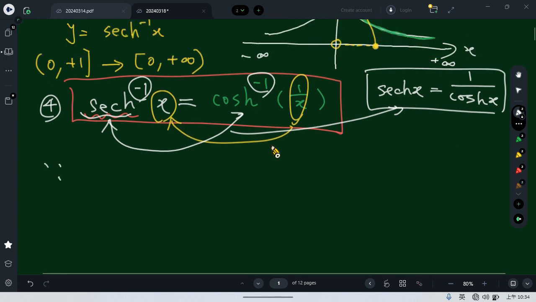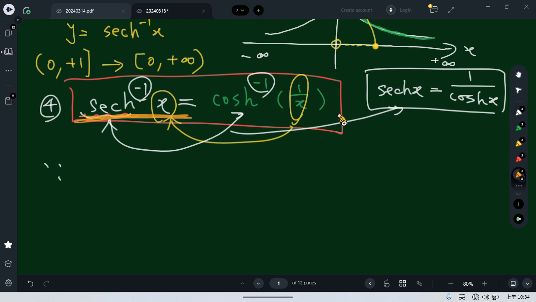So I will show you why we can have this. Here we are trying to find the inverse of the hyperbolic secant function, right? When we try to find an inverse function, did you remember we also talked about that?